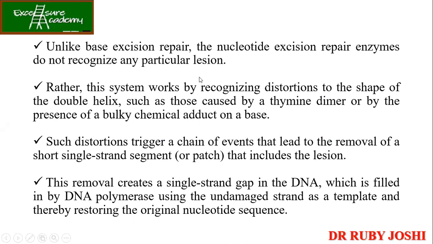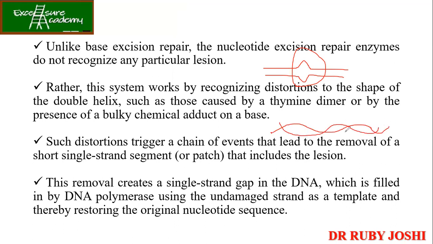Unlike base excision repair, the nucleotide excision repair enzymes do not recognize any particular lesion. Rather, the system works by recognizing distortion to the shape of the double helix, meaning the whole shape of the double helix DNA is getting distorted, and that is what is being recognized.